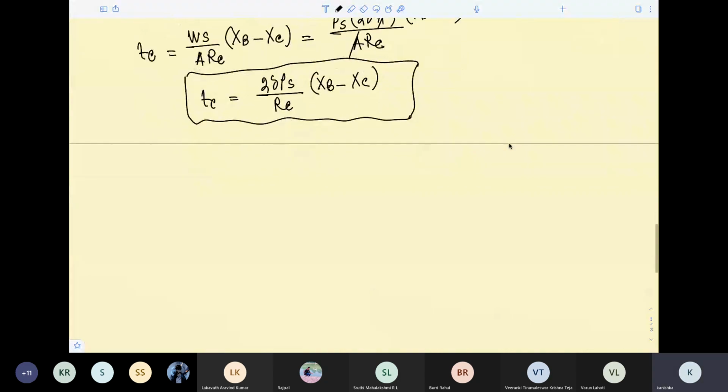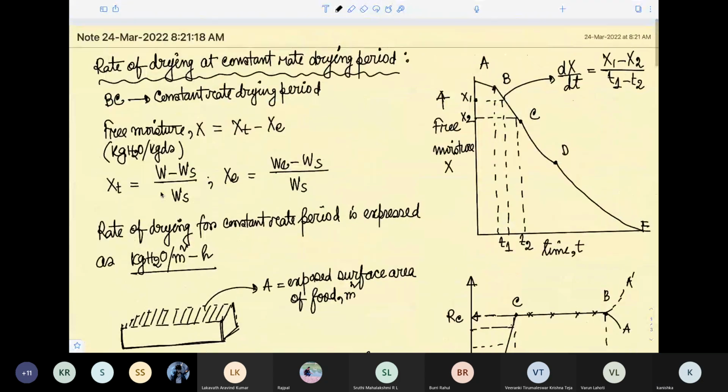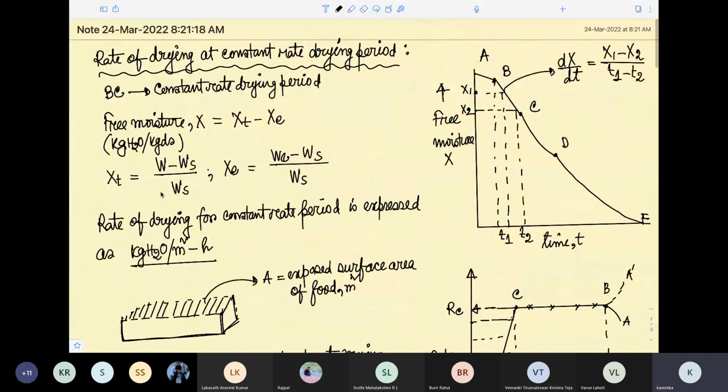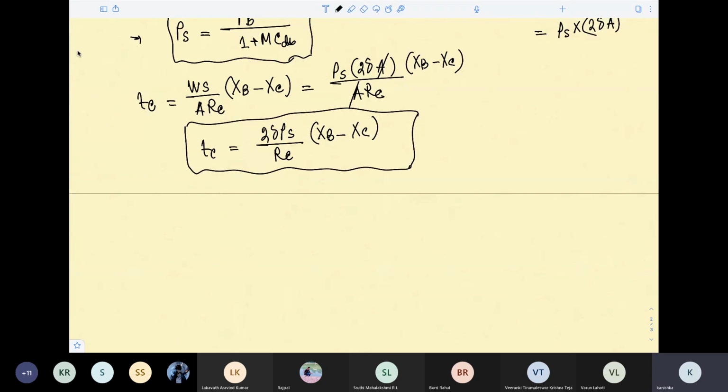So this is the first case. Second, rate of drying in fast falling rate region.